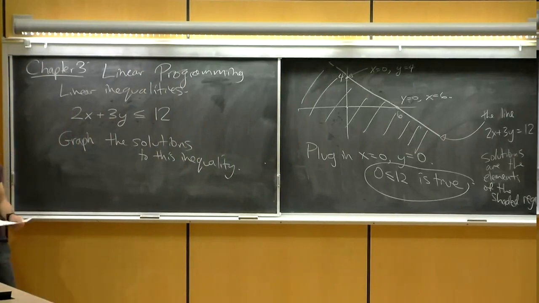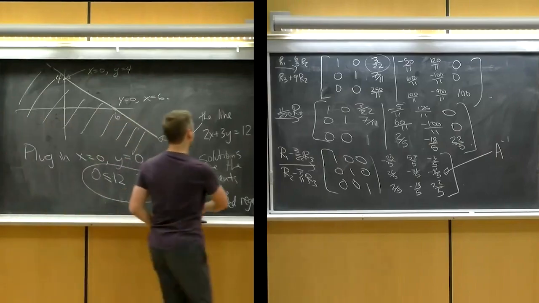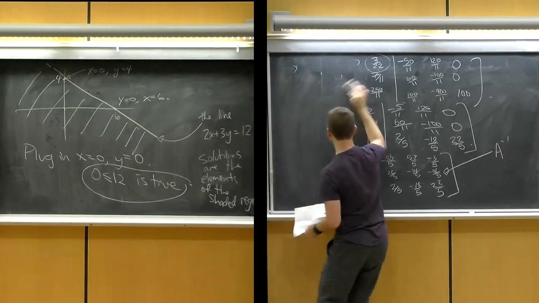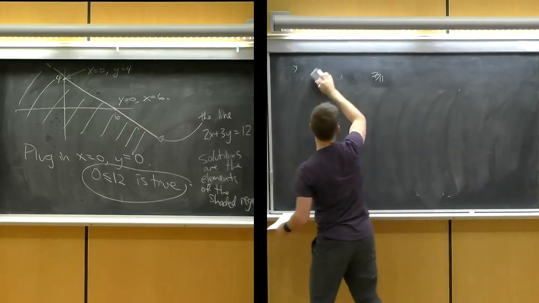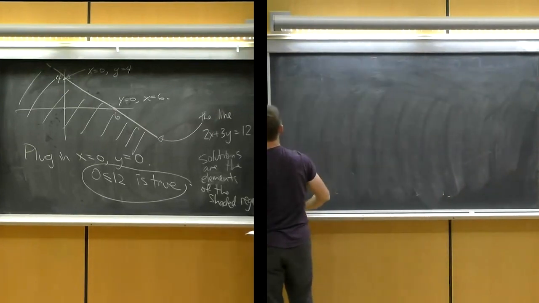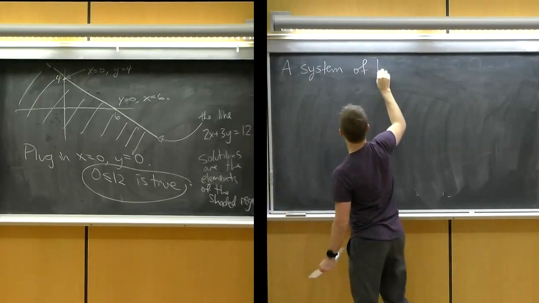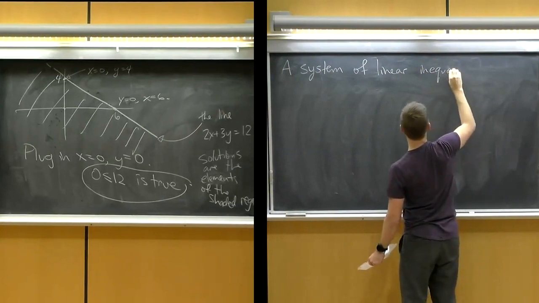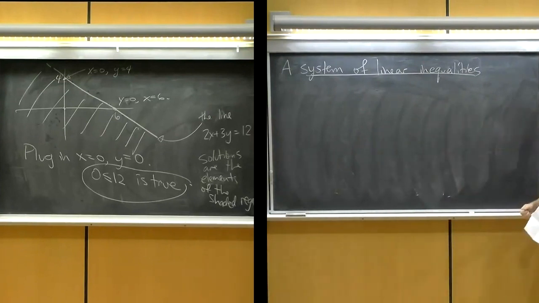Okay, so we're not just going to be interested in single linear inequalities. We're going to be interested in systems of linear inequalities. So a system of linear inequalities is pretty much the same thing as what we were doing before, when we did systems of linear equalities.